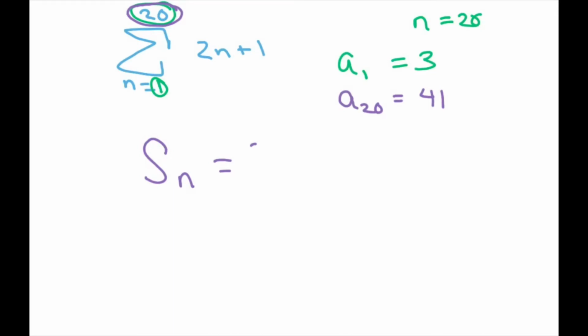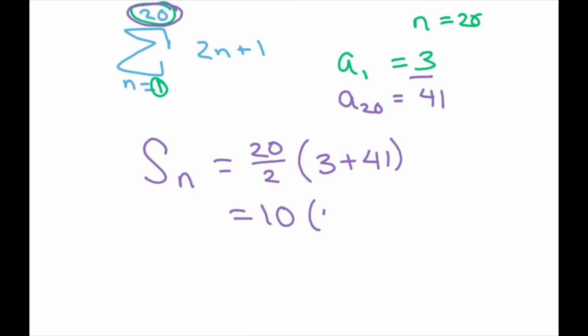So your n is 20, divide by 2, and your first term is 3, and your last term is 41. So that's going to equal 10 times 44, which equals 440. All right? So that's how you do that.